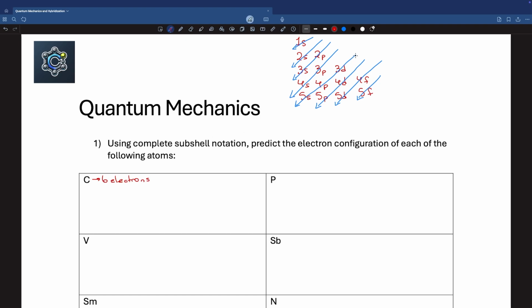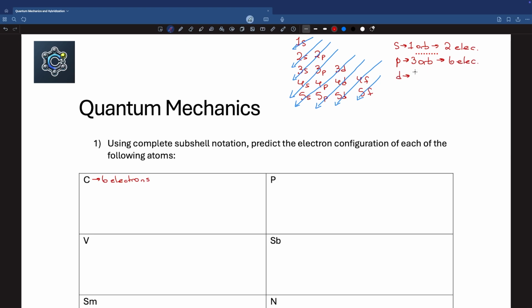Let's also define how many electrons we can fit. So in the s, we have one orbital. We'll just write orb, which each orbital, no matter where it is, can only fit 2 electrons. The p shell has 3 orbitals, and each has 2 electrons maximum, which means each p has a maximum of 6 electrons.